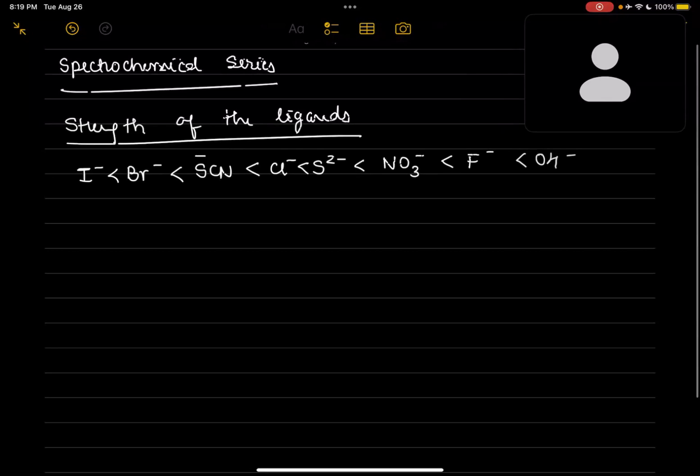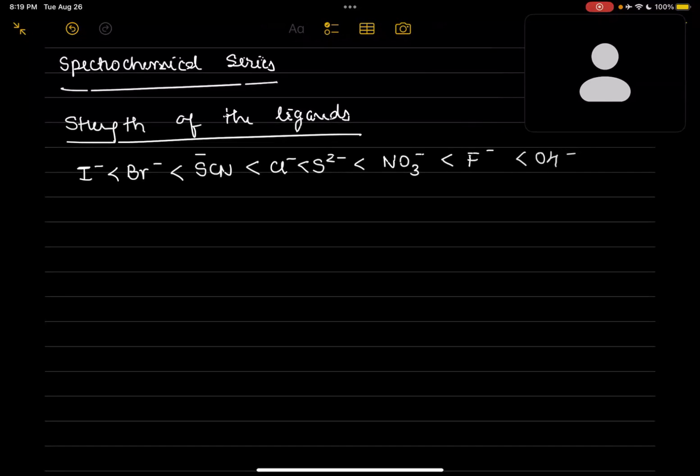After that, you have acetate, which is CH3COO minus.